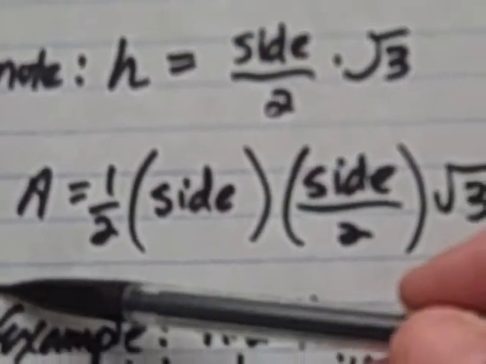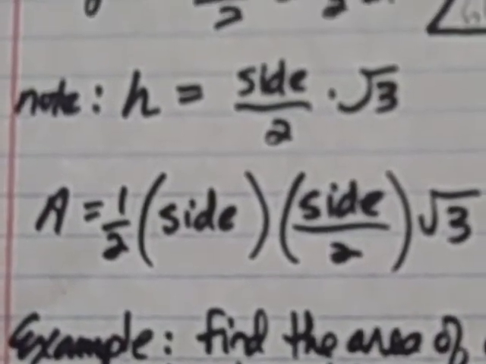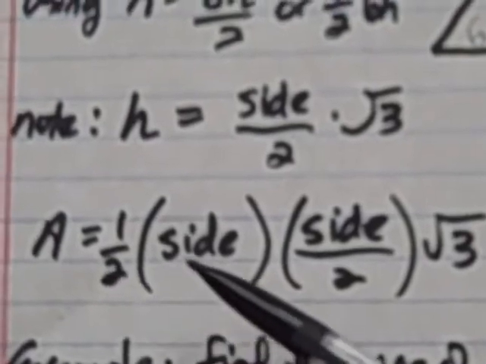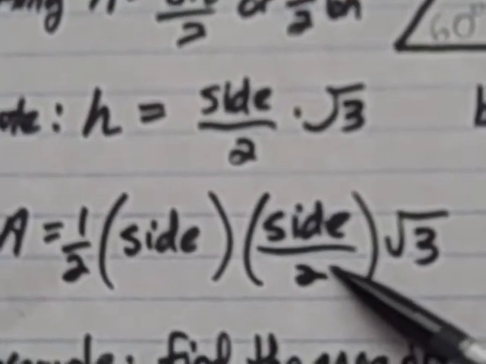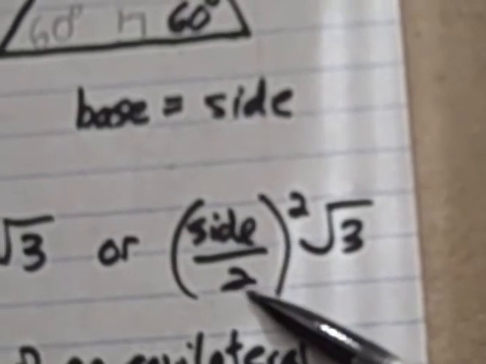So that means replacing that in our triangle formula, we can make a formula specifically for equilateral triangles. 1/2 times the base, which is always the side, times the height, which is always the side divided by 2 times radical 3. And that simplifies to the side divided by 2 squared times radical 3.